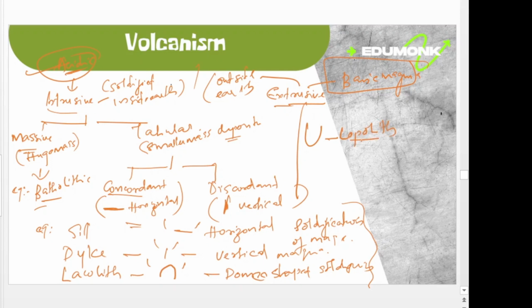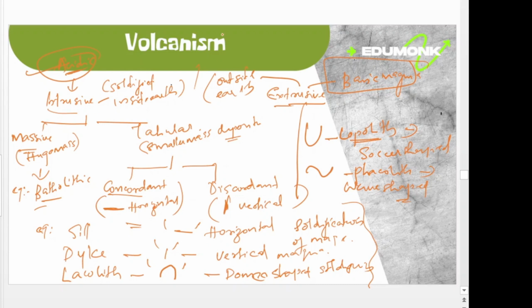Lopolith means cup-shaped or saucer-shaped solidification. And the last one is phacolith. That is wave-shaped solidification of magma. So we have completed the intrusive volcanoes.